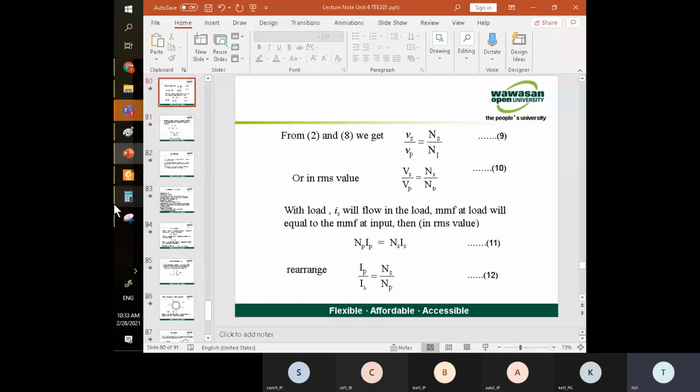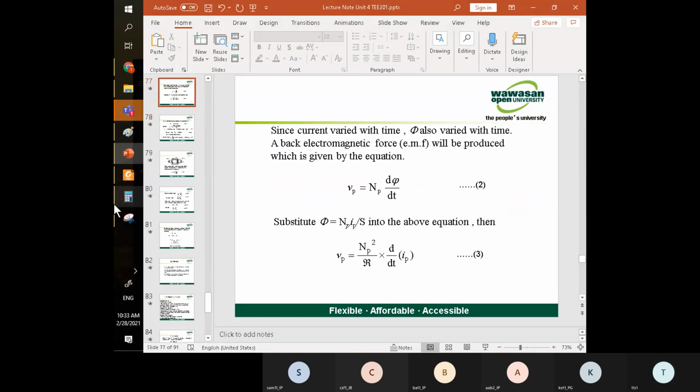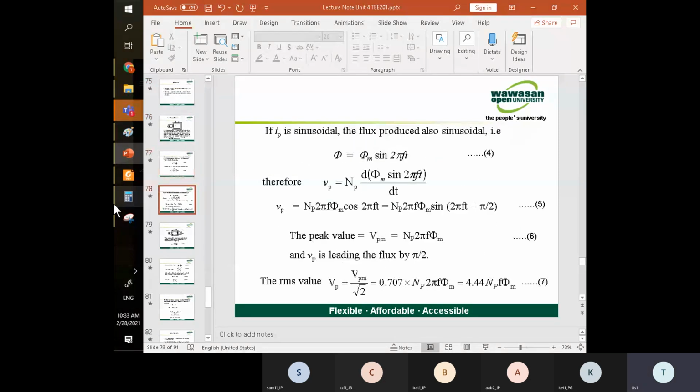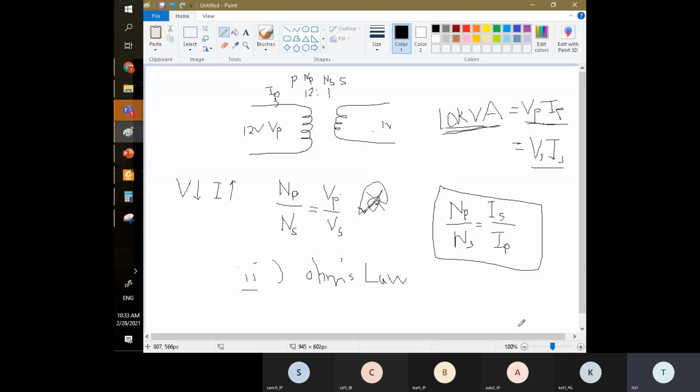All the equations here are not related to question 2 actually. You just need the equations here only for question number 2. So I hope you understand, okay?